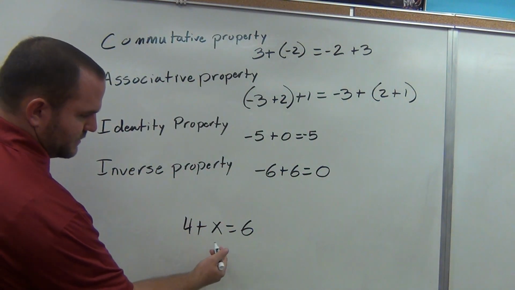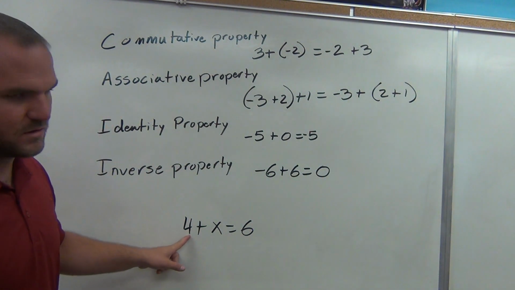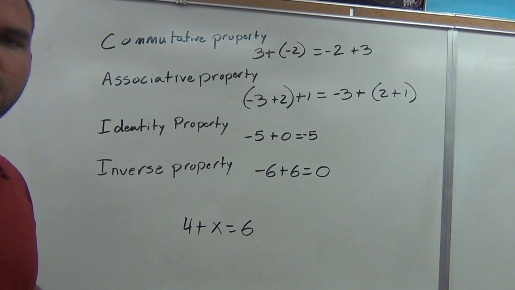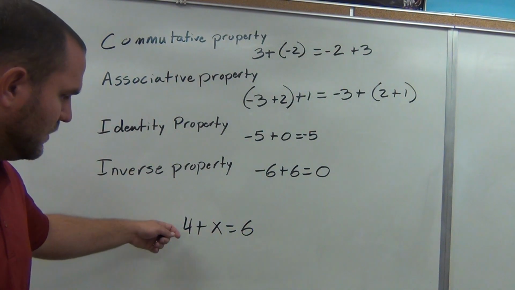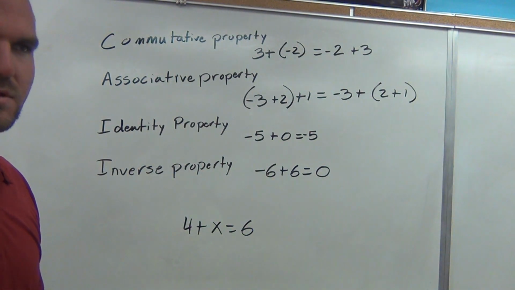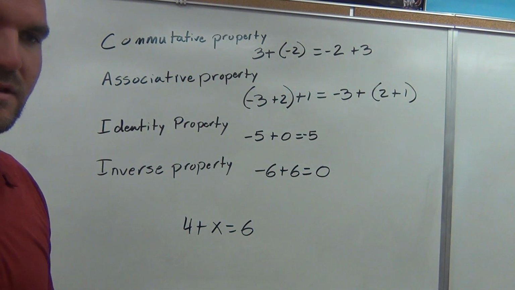In order to find your x right there, I need this 4 to go away. Now, probably in algebra you've heard you add it to the other side, or in this case subtract it to the other side. If you do it to one side, you do it to the other.